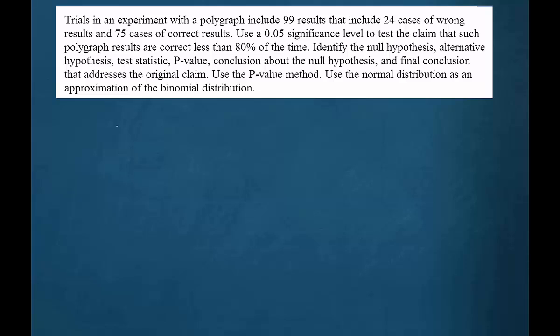So we have a hypothesis test about a proportion. In order to identify the hypotheses, we're going to need to decide what is the question that is being asked. And I always like to draw a picture. I say, okay, we're saying something, a hypothesis about a proportion having some relation to 80% or 0.80.